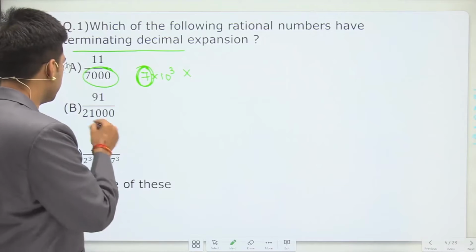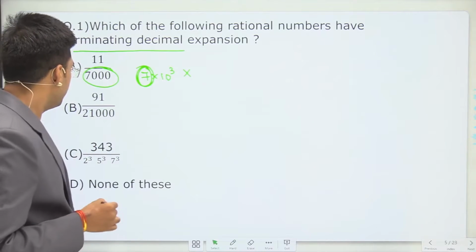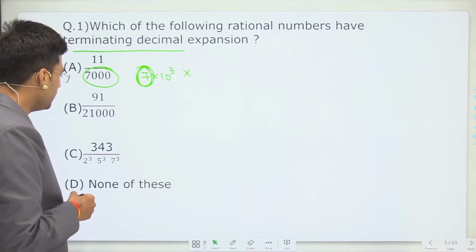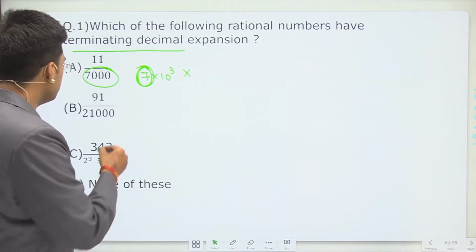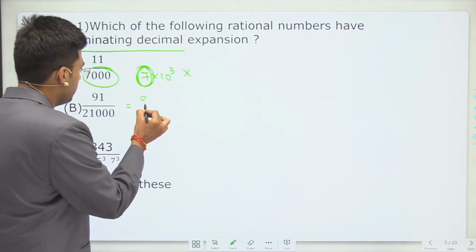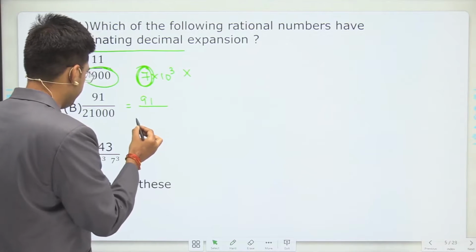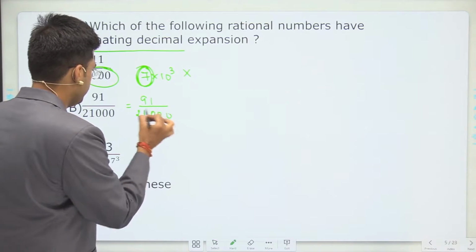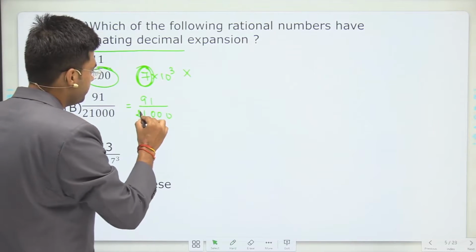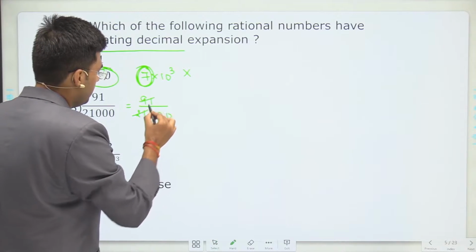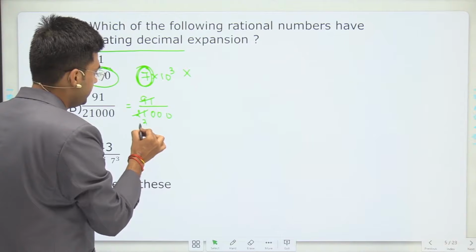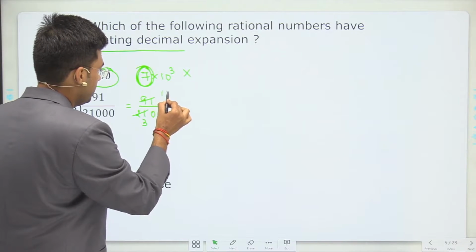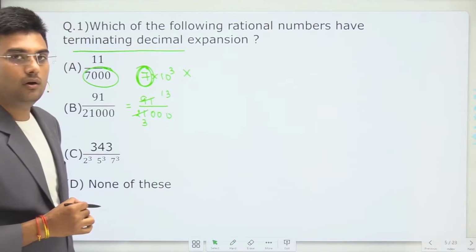Now come to the next. In this example, we have 91 divided by 21000. Now here we can solve it first. We can cancel it by 7. 7 3s are 21, and 7 13s are 91.